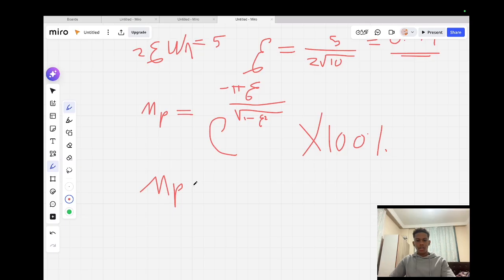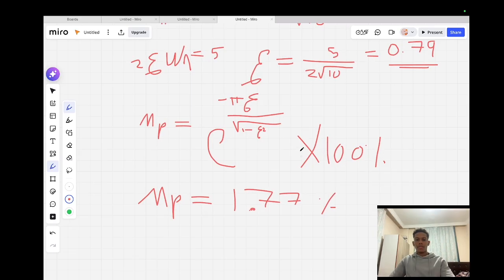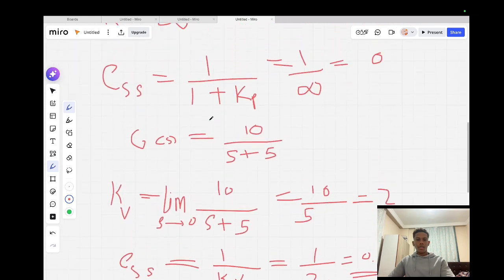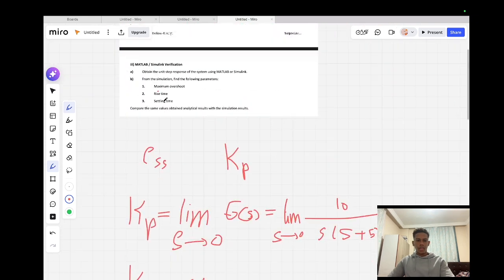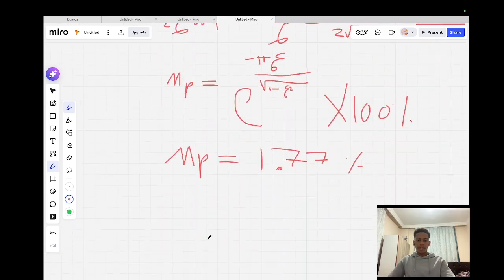Maximum overshoot equals 1.17%. Second question, the rise time TR.